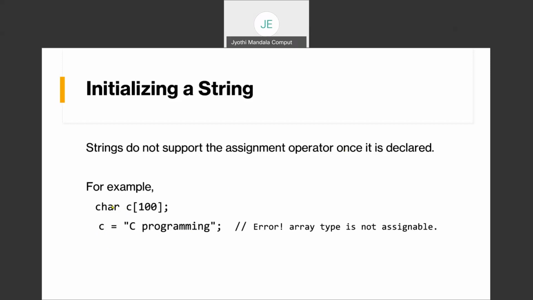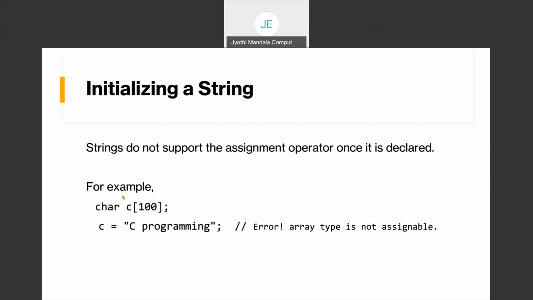Are you following? These two can be combined into one statement where you can write char C of 100 equal to, within the double quotes, "C programming". But you can't divide this into two statements. Why? Because strings do not support the assignment operator.